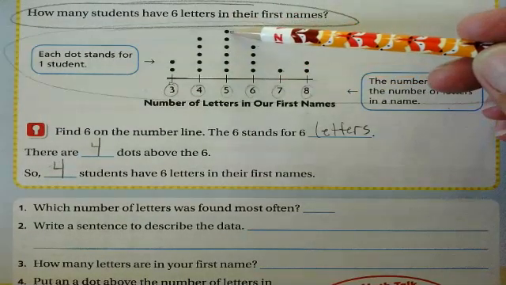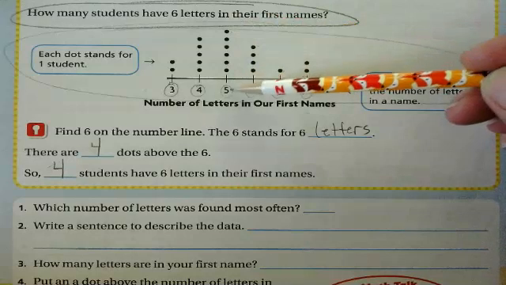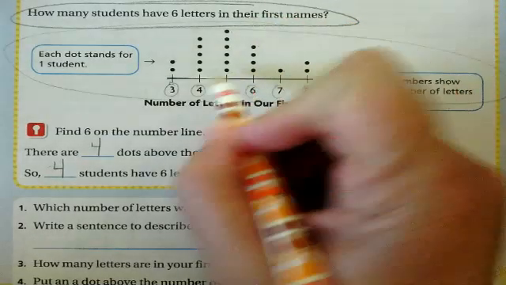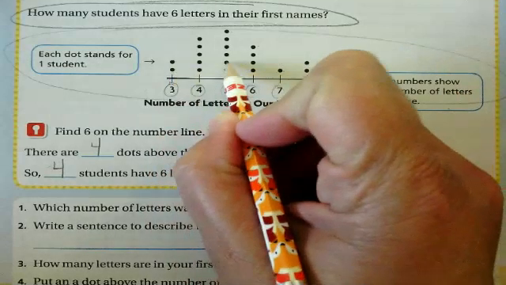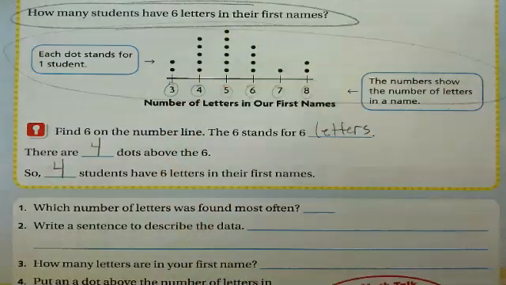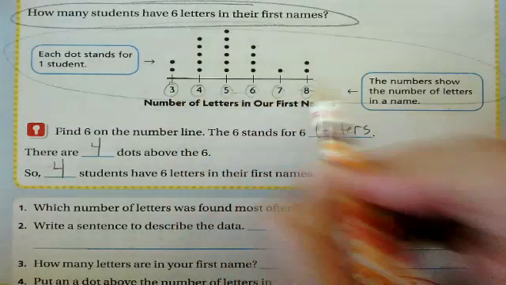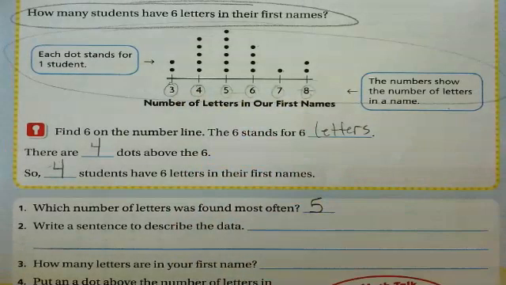And since all of our dots are the same distance apart, we know that 5 is the highest number of letters. So it has 1, 2, 3, 4, 5, 6 kids have 5 letters in their name. So which number of letters? Remember, our number of letters are down here. 5 letters in a first name, like Steve or Susie.